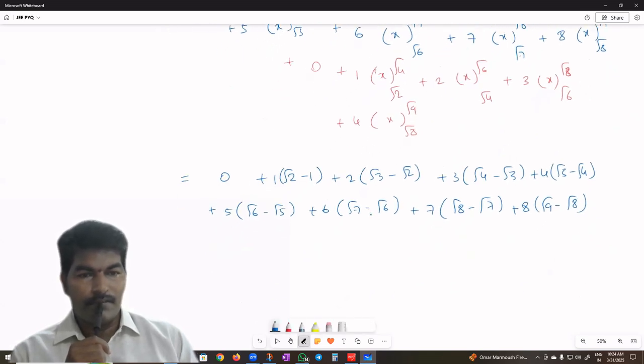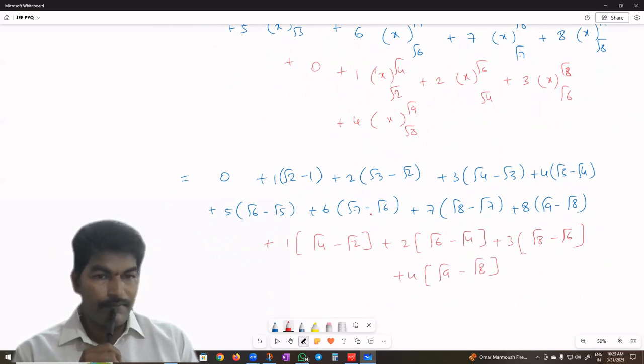And use red color: plus 1 into (√4 minus √2), plus 2 into (√6 minus √4), plus 3 into (√8 minus √6), plus 4 into (√9 minus √8). Okay, let's solve all these values.